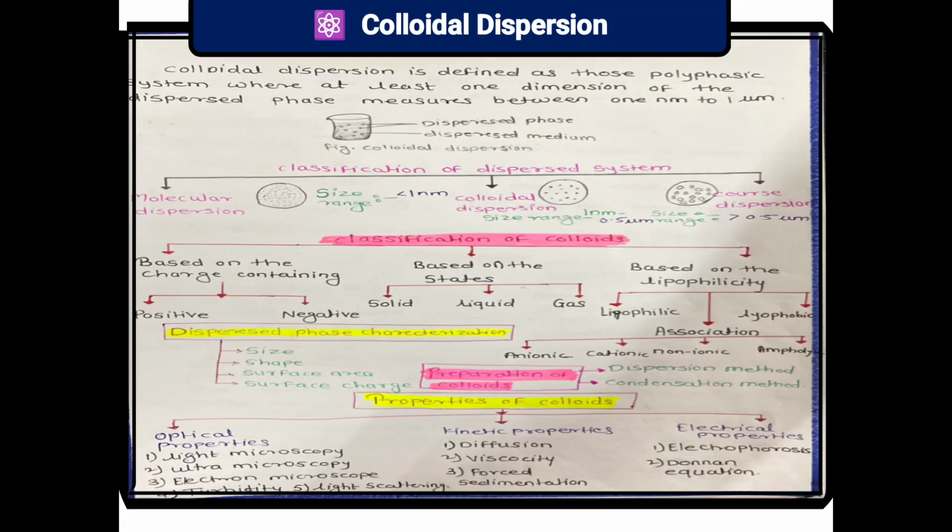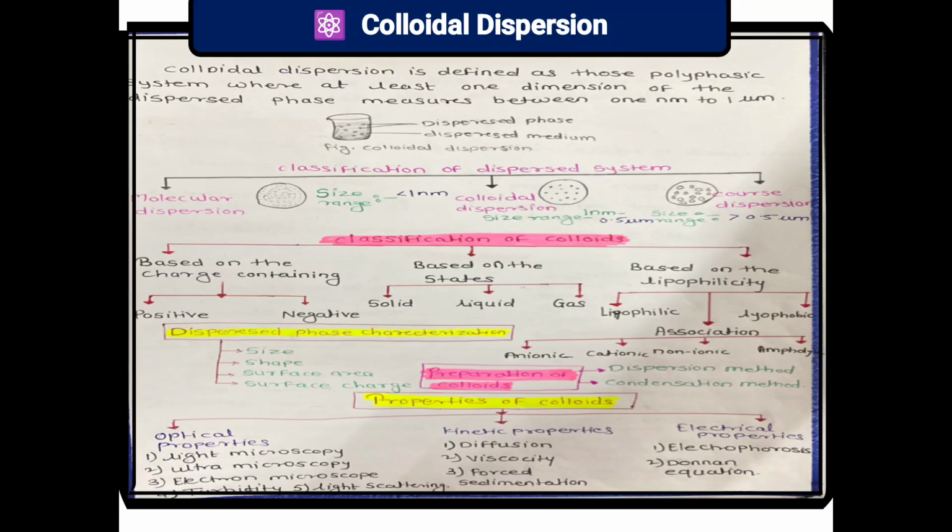Colloidal dispersion may be defined as those polyphasic systems where at least one dimension of the dispersed phase measures between 1 nanometer and 1 micrometer.